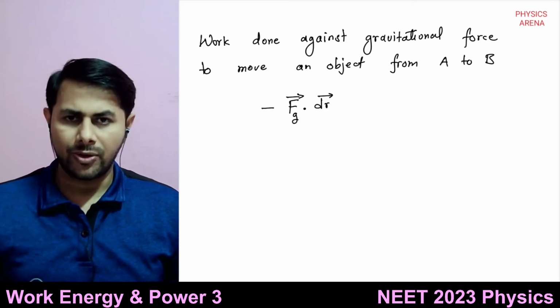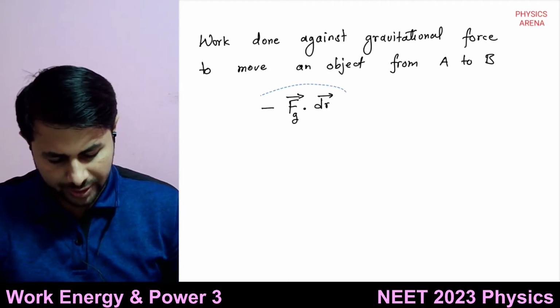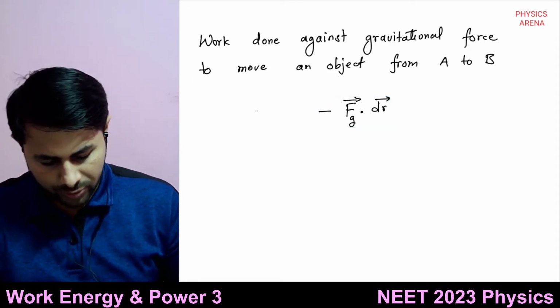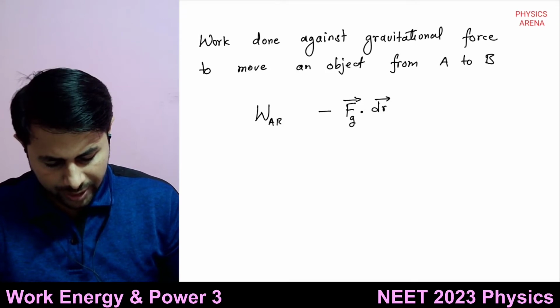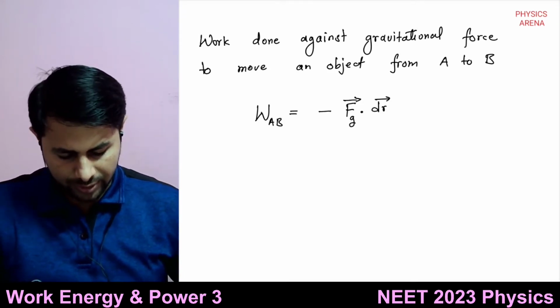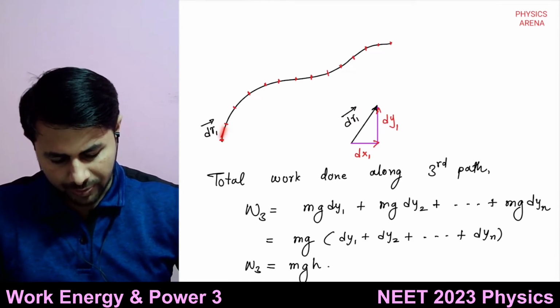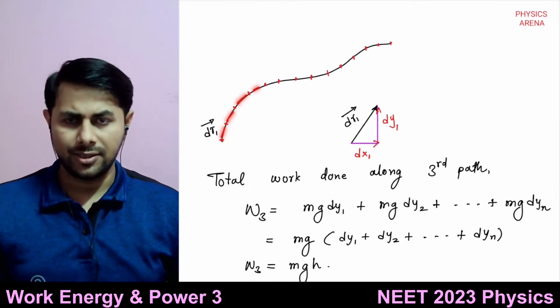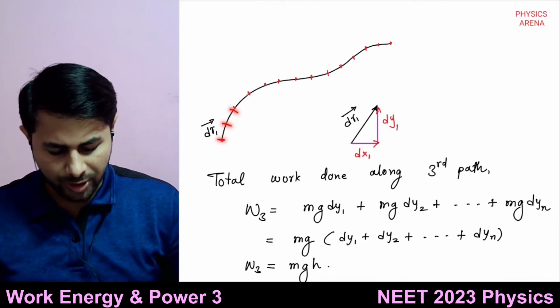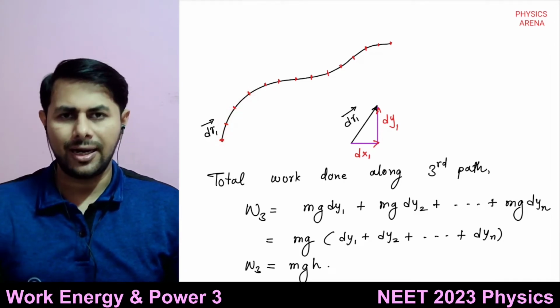And if I want work done to move the object from A to B against the gravitational force, what will I do? I will take all small displacements like this. So I will break down the total displacement into n number of small segments and I will add it up.